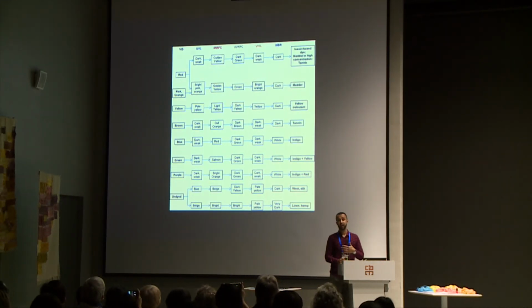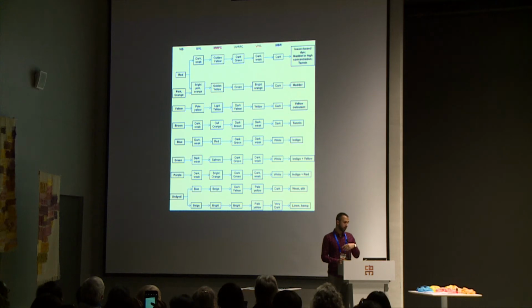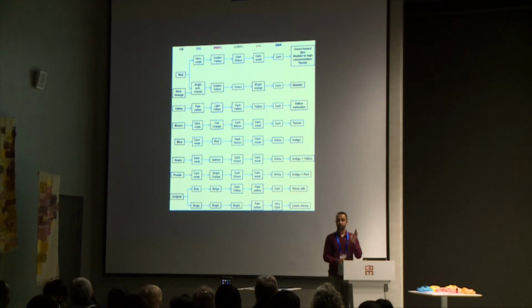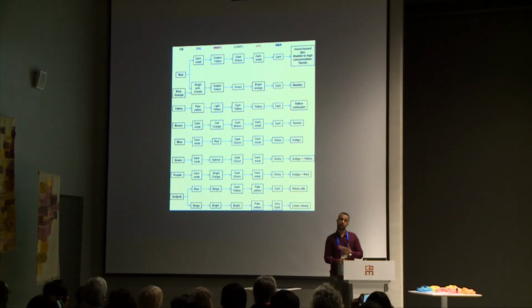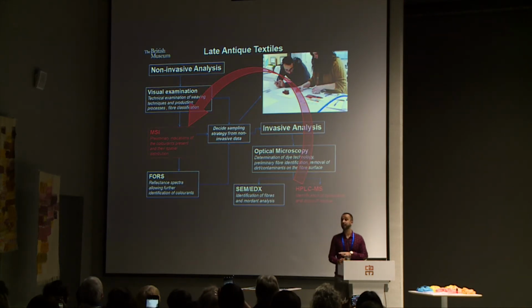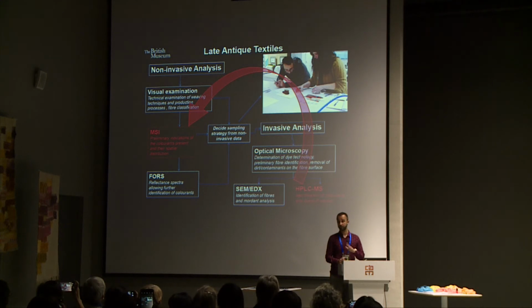And finally, with our work, we managed to give this decision scheme, which is comparing all the colors that you can see in the various multispectral images, which are not just the two that I showed, there are more. And so comparing all these colors, you can hypothesize the presence of a colorant non-invasively. Now, I don't want to send the message that multispectral imaging is enough to identify a color.